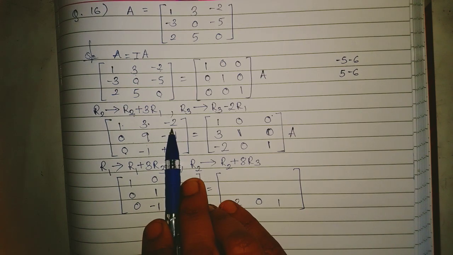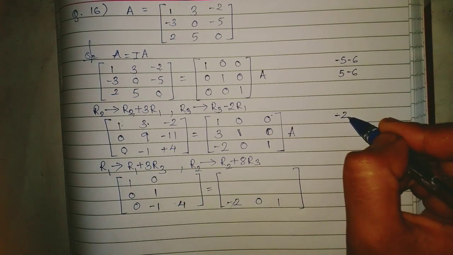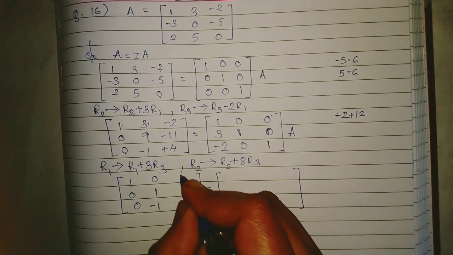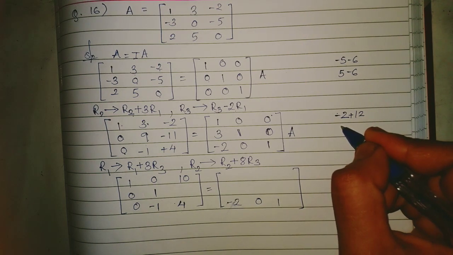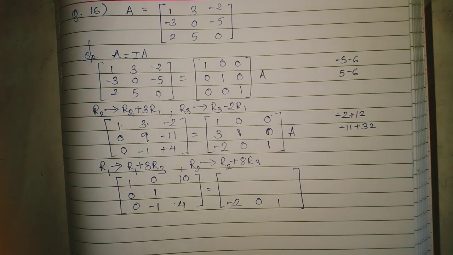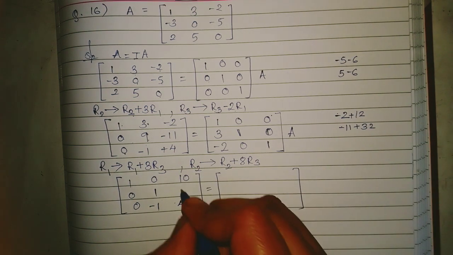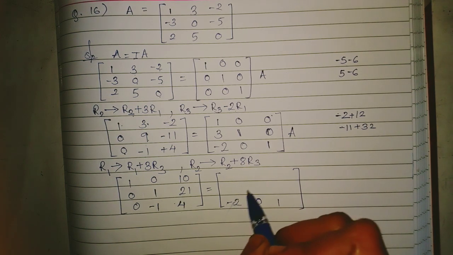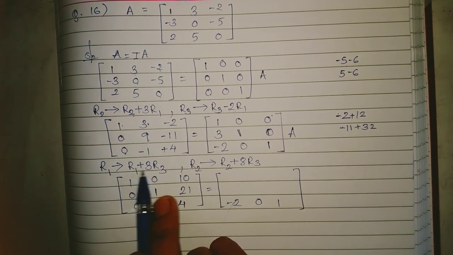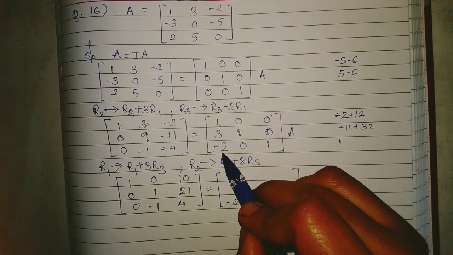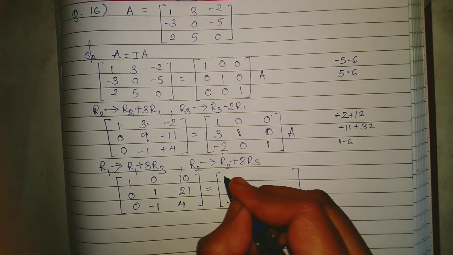This will be R1 plus 12, so this is 10, and R2 plus 32, right? Now you have to carry out those operations here also. So R1 plus 3R3, R1 is 1 plus 3R3, 3 to the 6, minus 6, so this is minus 5.